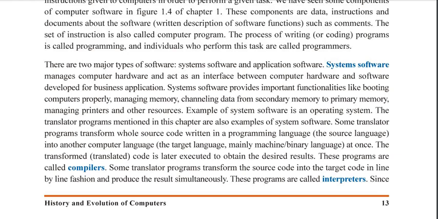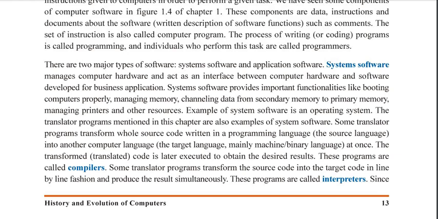So system software provides important functionalities like booting computers properly, managing memory, channeling the data from secondary memory to primary memory, managing printers and other resources. Clear, all of you? Without our operating system, it might not work.